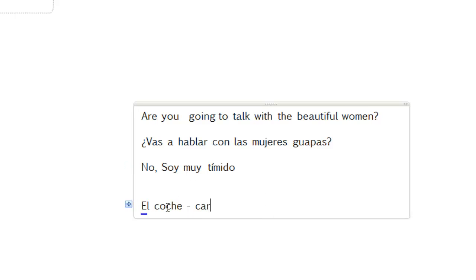Anyway, so el coche, sorry I went off my track there. El coche, don't just learn el coche, because you have to learn los coches también. So when you learn a word, say el coche, los coches, el coche, los coches, because you've got two different sounds here.